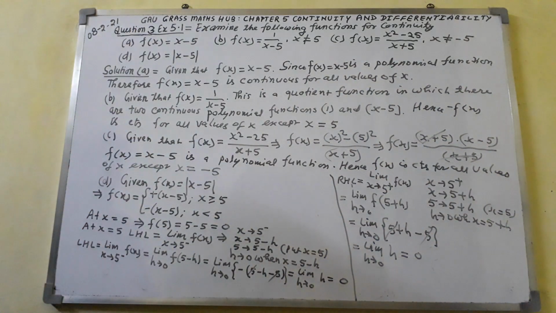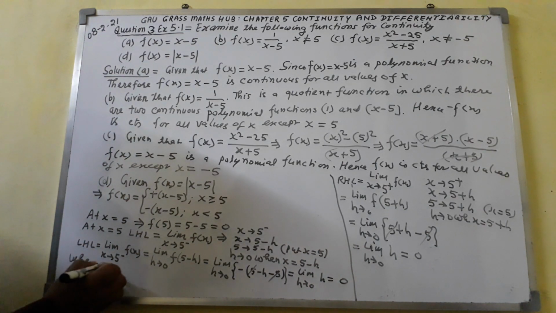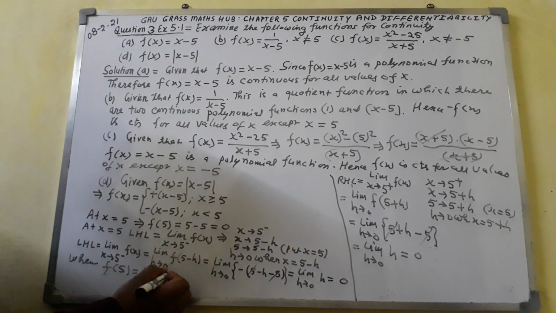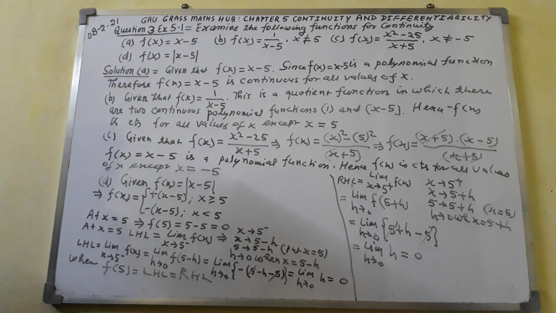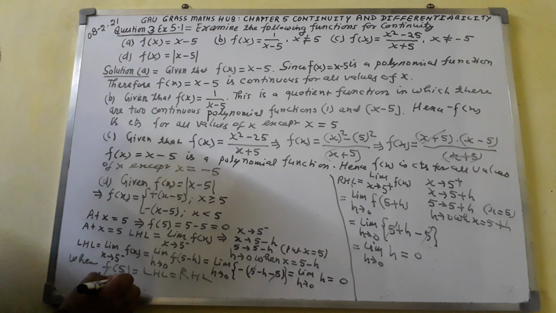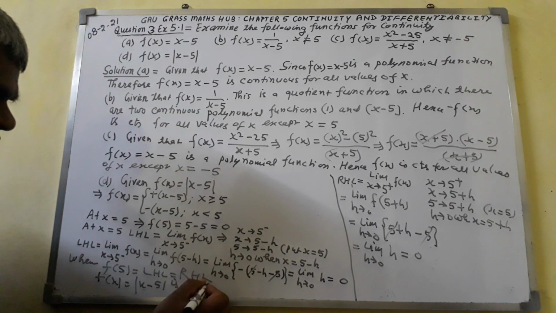So in this case, when f of 5 equals the left hand limit equals the right hand limit, hence f of x equal to mod x minus 5 is continuous.